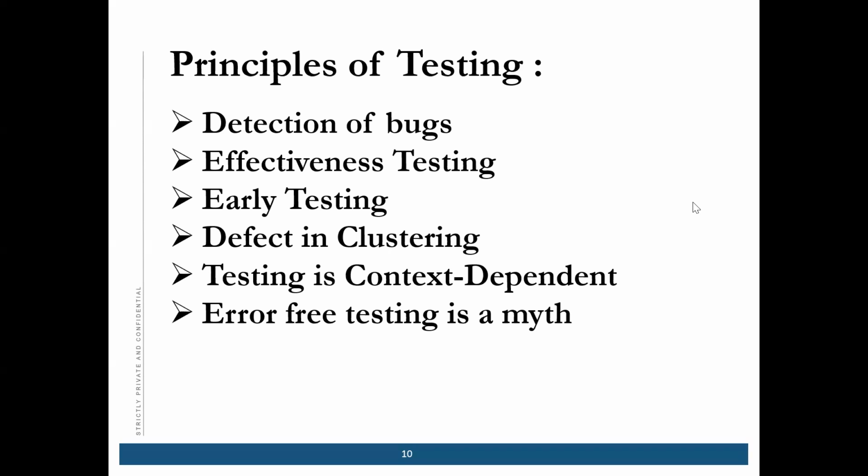And the next strategy is testing is context dependent. Context driven testing means we are focusing on the dynamic testing approach. There are two types of testing: static testing and dynamic testing. Static testing is done at the first phase, like verification of the requirement documents.